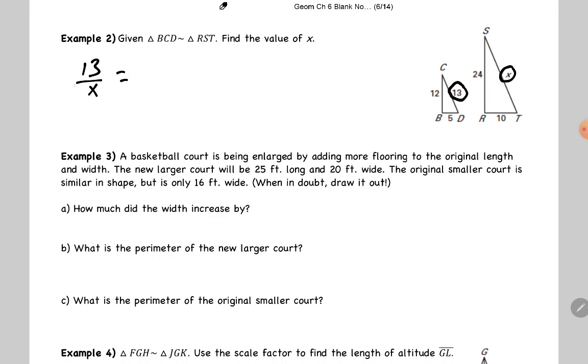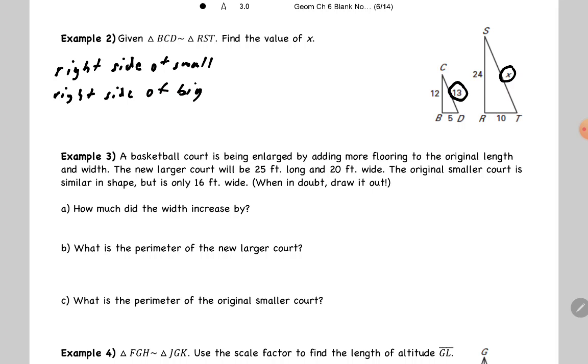So let me write this out. I'm going to say right side of small, right side of big, is equal to bottom of small over bottom of big.